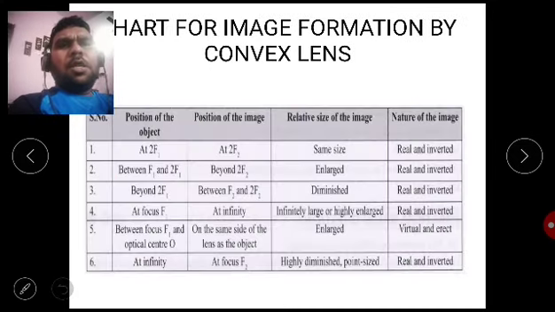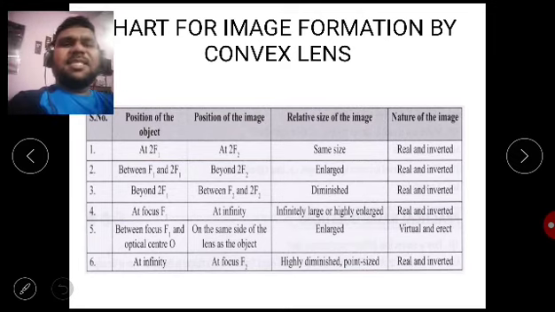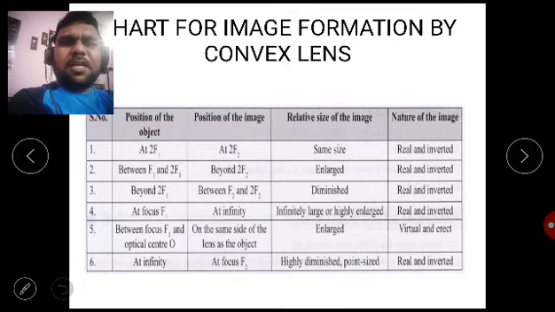Now we have made a chart for image formation by convex lens. These are 6 cases: at 2f1, between 2f1, beyond 2f1, at focus f1, between focus f1 and optical center, and at infinity. This has been already explained in previous slides.